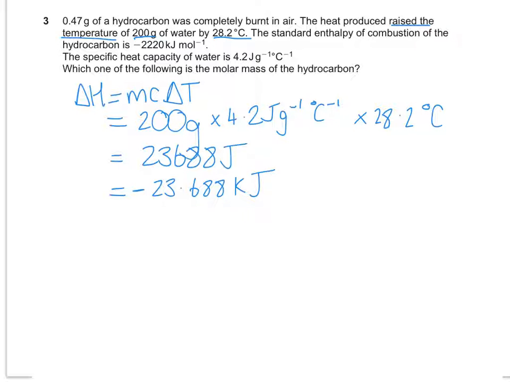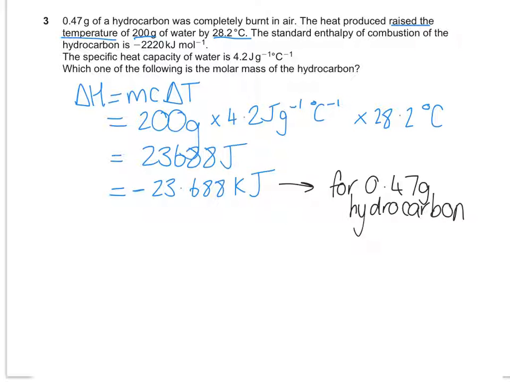So the heat released from this reaction has produced 23.688 kilojoules. Now, that is the enthalpy change for the 0.47 grams of our hydrocarbon that we have used. So that is the exact energy change for 0.47 grams of hydrocarbon.